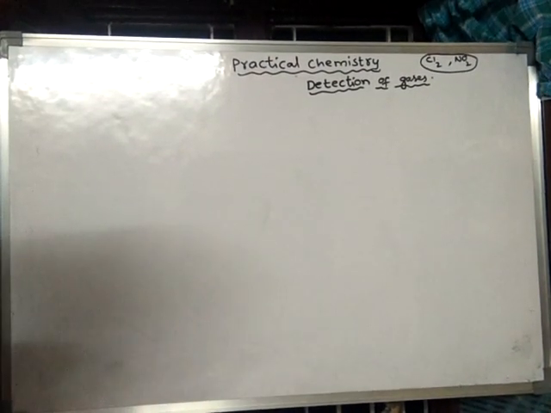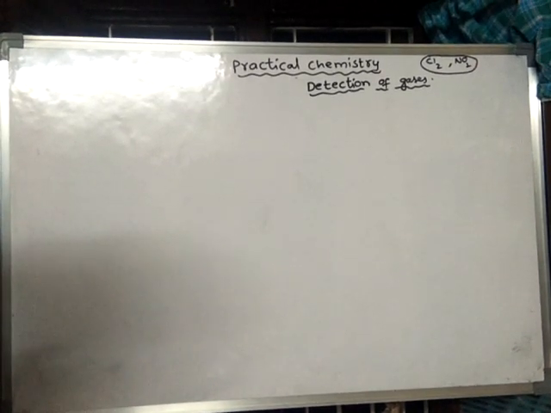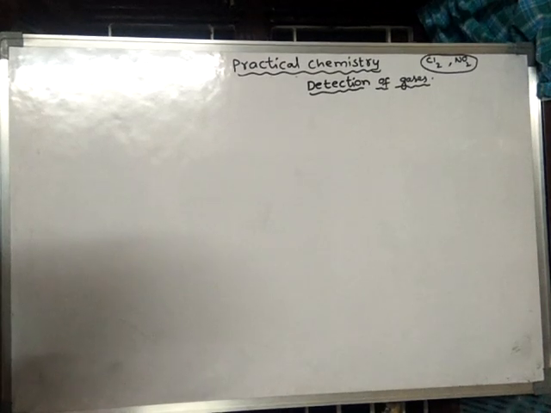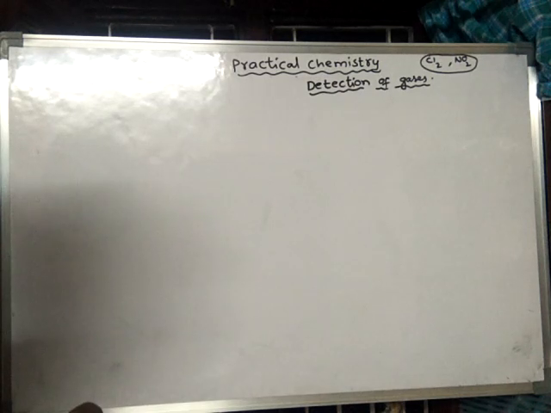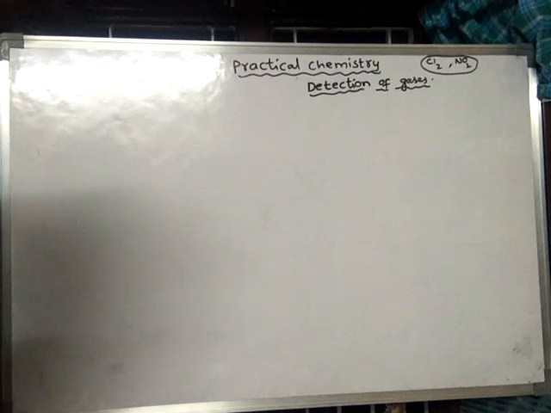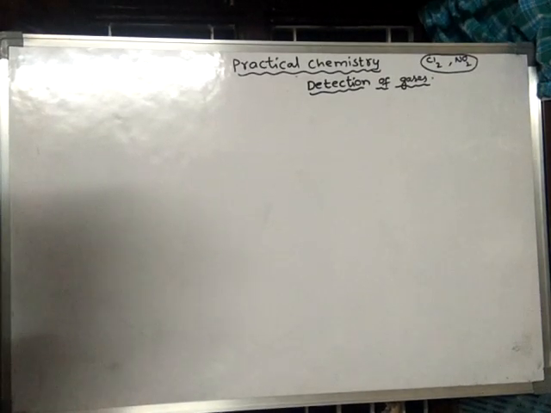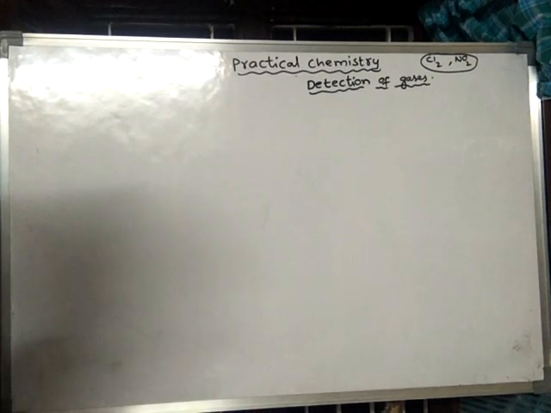Based on the smell, we have seen several gases produce different smells. For example, ammonia has a strong biting smell and produces tears. Sulfur dioxide causes coughing and suffocation, and chlorine also causes suffocation. Gases like HCl, NO2, HNO3 vapors and chlorine have an irritating smell.